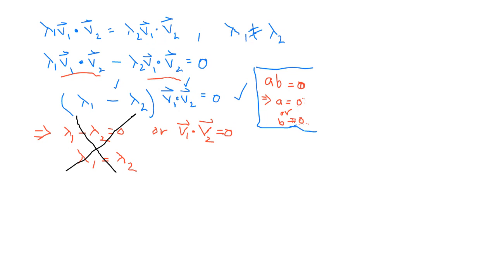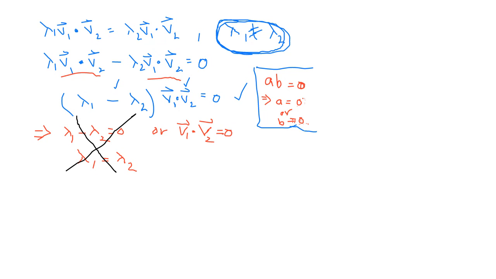Why is that not allowed? That's right, Benjamin. We originally said that they were not equal to each other, that lambda 1 and lambda 2 were distinct eigenvalues. V1 was an eigenvector corresponding to lambda 1, and V2 was an eigenvector corresponding to lambda 2.